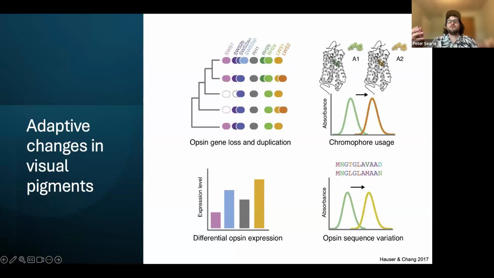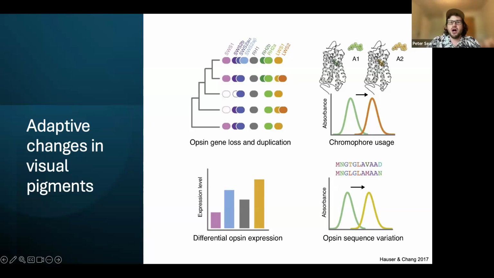So opsins are really informative for understanding adaptive evolution because they can change via several mechanisms in response to changes in light environments. These mechanisms include copy number variation. If we were to look across the tree of life of all vertebrates, the size of the opsin repertoire varies substantially. You also can have different chromophore usage.